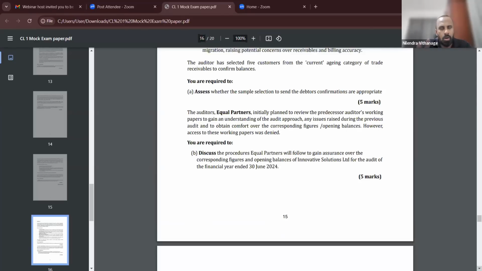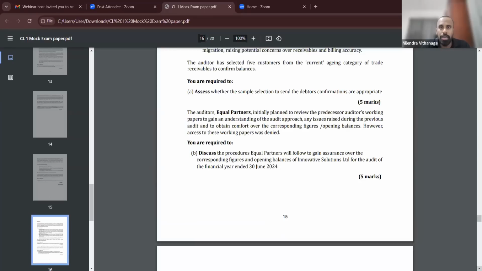Number one, the auditor has to contact the predecessor auditor with the client's approval. You first tell the client, get the client's approval, communicate to the predecessor auditor, and request the audit working papers.